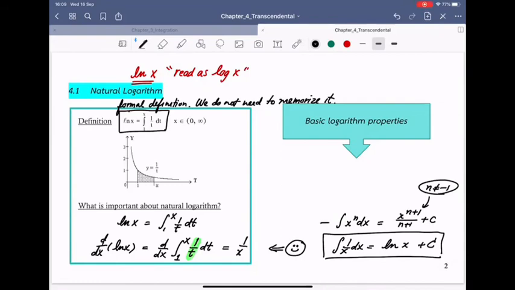So the formula for integrating x to the n dx does not work when n equals negative 1. When n equals negative 1, you're going to use this formula.